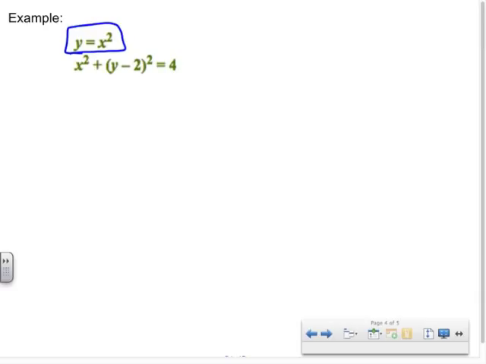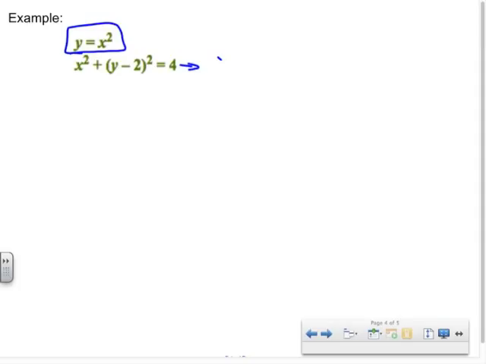To make my life easier, because I already predict what's going to happen, I'm going to take x squared out of the second equation, and I'm going to put y in its place. So that second equation, x squared plus (y minus 2) squared equals 4, will now become y plus (y minus 2) squared equals 4.